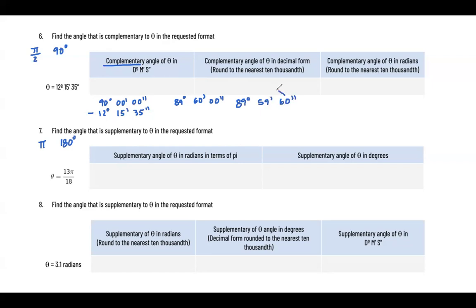And if we add that missing minute, we're going to have 60 minutes, and those 60 minutes is the degree that we are missing to reach 90. So at that point, you'll be able to subtract 12, 15, and 35.